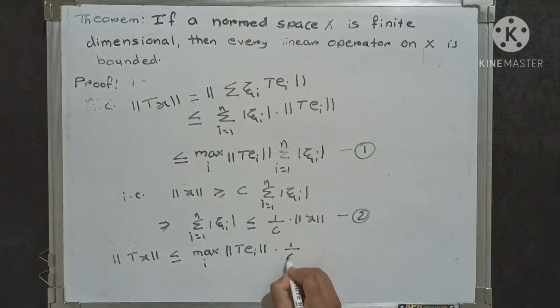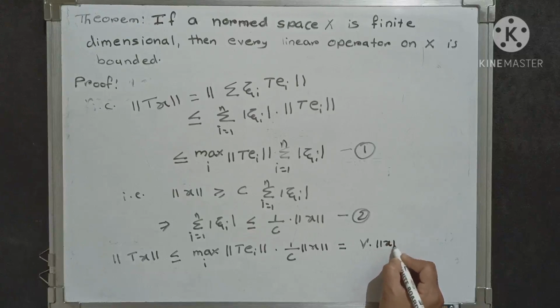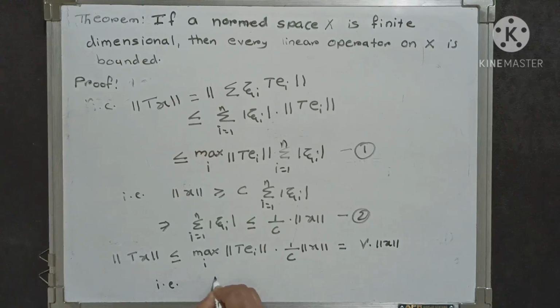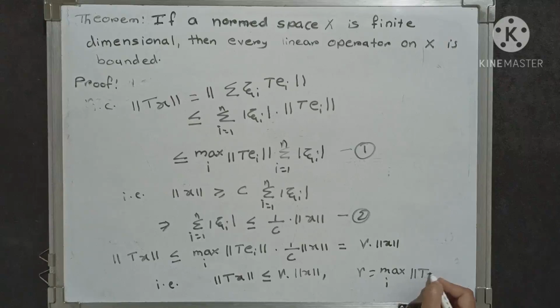The maximum over i of the norm of Tei times 1 by C, we give it the name gamma. So the norm of Tx is less than or equal to gamma times the norm of x, where gamma is the maximum over i of the norm of Tei times 1 by C. This implies that T is a bounded linear operator.